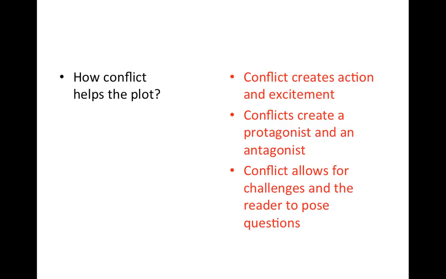And sometimes our antagonist doesn't necessarily have to be a person. It can be nature, it can be technology, it can be the society. So Jonas is always going to be our protagonist in the novel, but the antagonist might be the society. That's not necessarily one person, but still the antagonist. Conflict also allows for challenges and the reader to pose questions while reading. So it helps us understand the plot line and the development of the plot while we read.